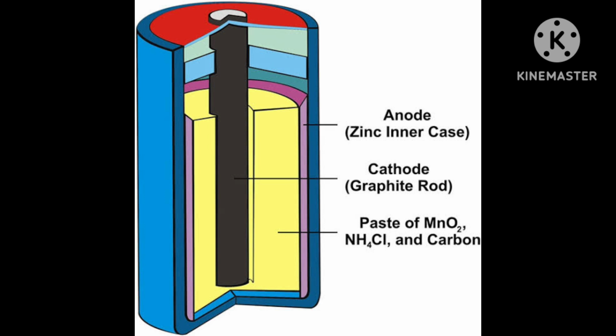Actually, a battery is just like a group of cells, more than one cell. It is actually a cell but in a group, at least more than one.